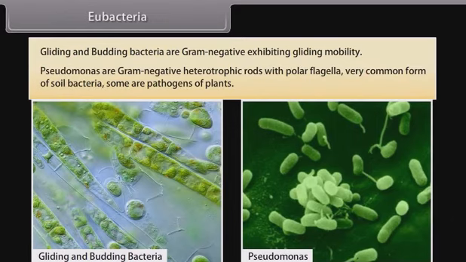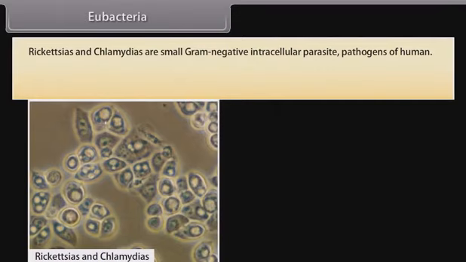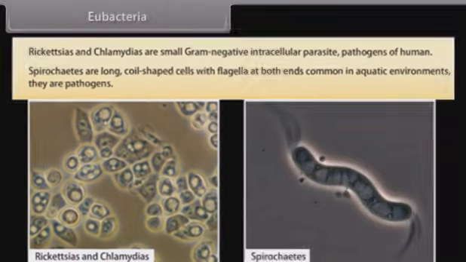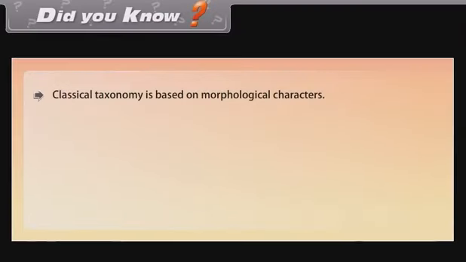Some are pathogens of plants. Rickettsias and Chlamydias are small gram-negative intracellular parasite pathogens of humans. Spirochetes are long, coiled-shaped cells with flagella at both ends, common in aquatic environments. They are pathogens.